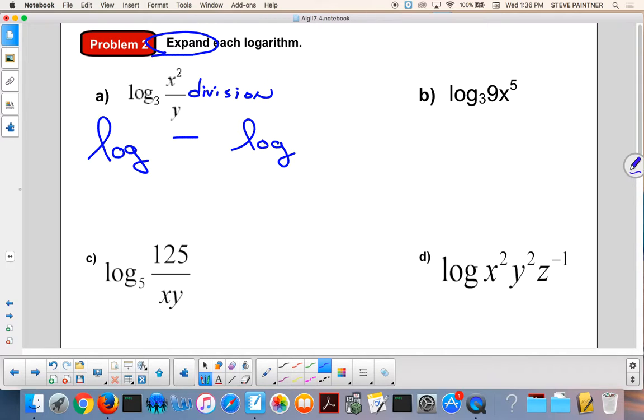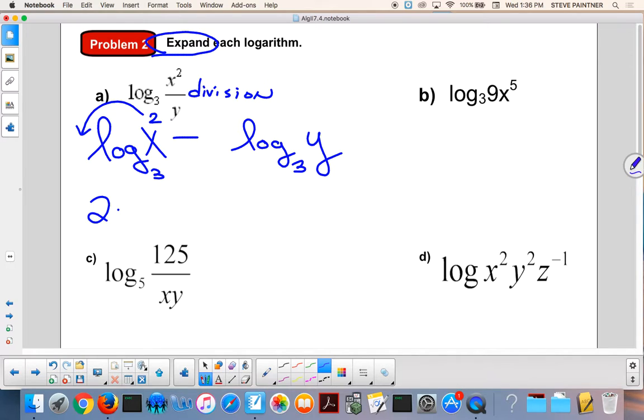Log of x squared. Yes. The numerator is the first number, and the denominator is the second number. Can the 2 go in front this time? Yeah. Then the next property I would apply is the power property. Put this up here. Would you put the 3 as a subscript next to it? Oh, forgot my base, yep. Put the 2 here and be done, right?